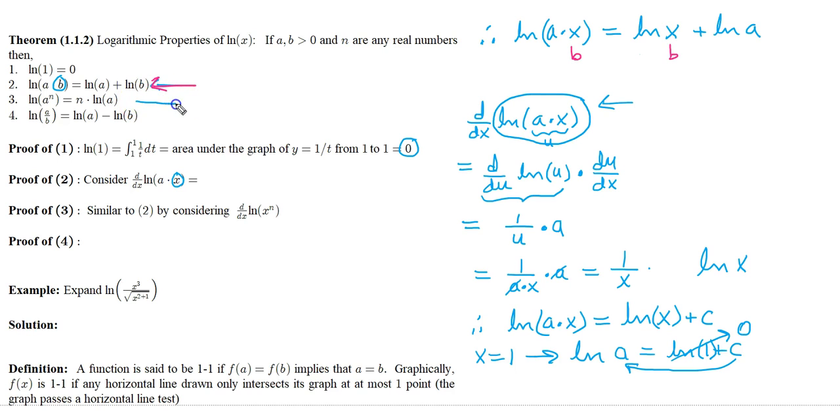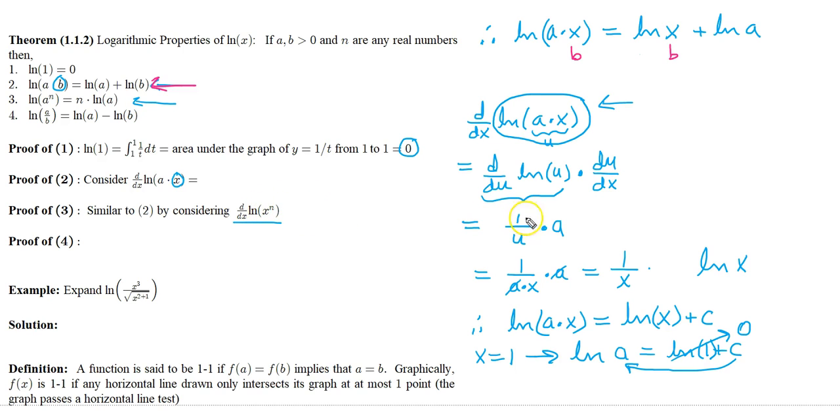Now part 3 here is proven in a very similar manner to the way we proved part 2. So what we would consider to prove part 3, we have that written down here, we would consider the derivative of the ln of x to the nth power. So we replace the a with the variable x.